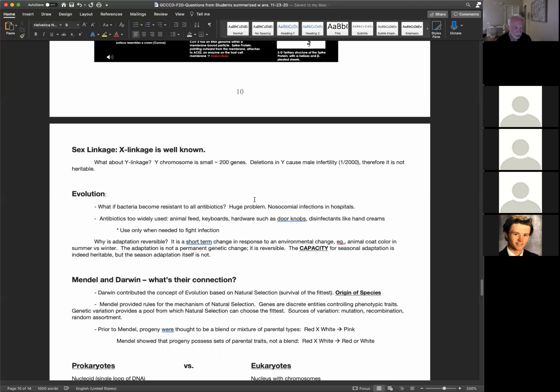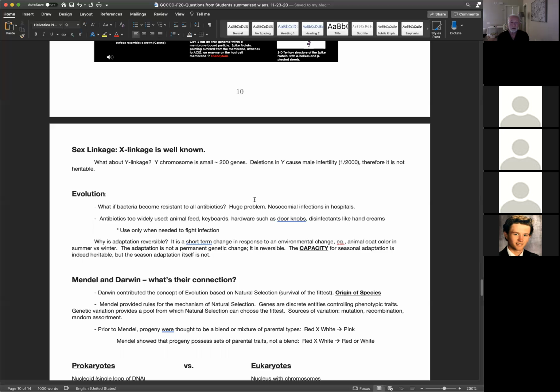They're used way too widely. For example, animal feed. If you put an antibiotic in food for cows, they make more milk. So farmers put antibiotics in cow food. Some computer keyboards have antibiotics incorporated into their keys so that when you're typing, you're supposedly free of bacteria on your fingers. Hardware such as doorknobs, disinfectants like hand creams.